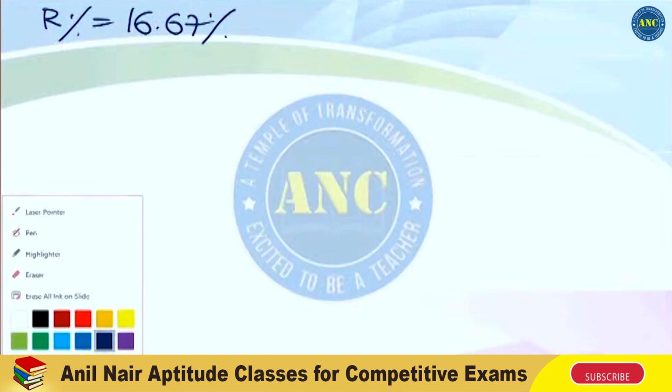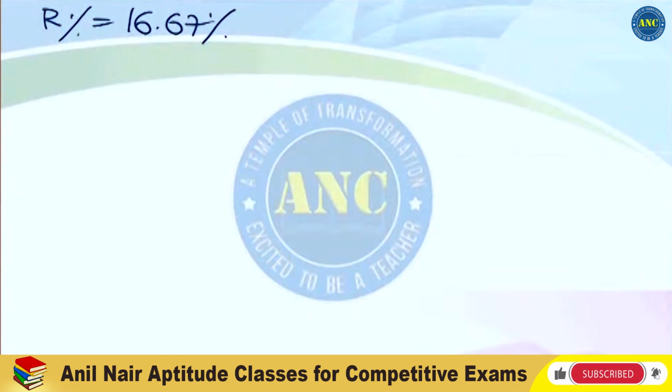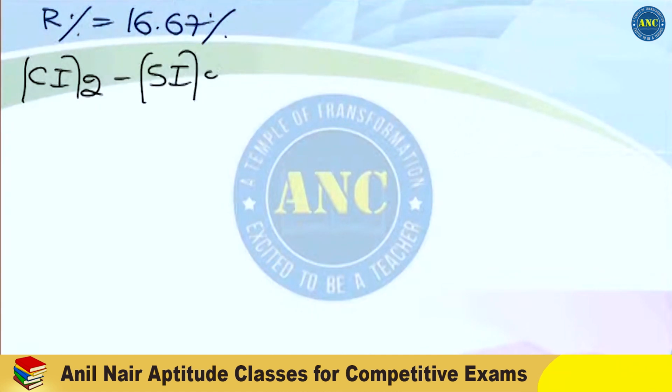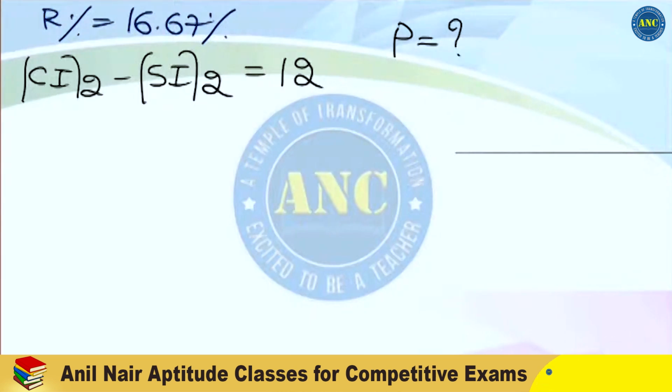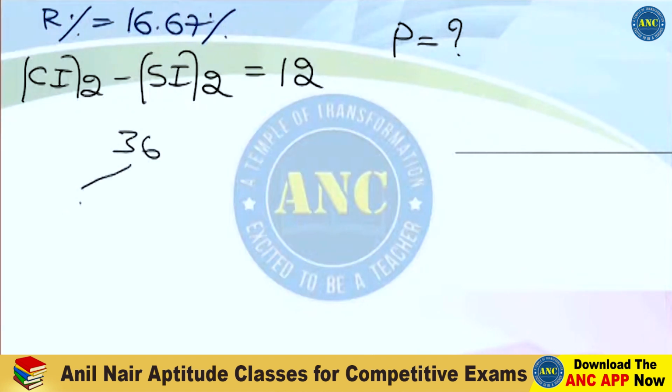16.67 percentage. CI for 2 minus SI for 2, it is 12. Find the principal. Kindly do not use pencil. Do it orally. You are all Anil Nair students. Right? 16.67 is 1 by 6.